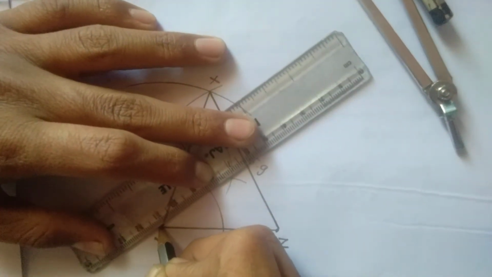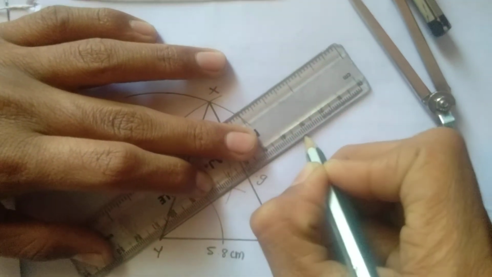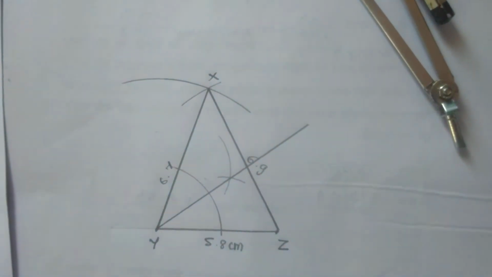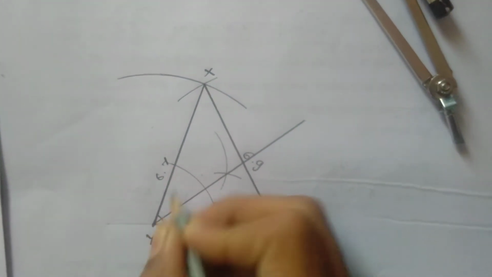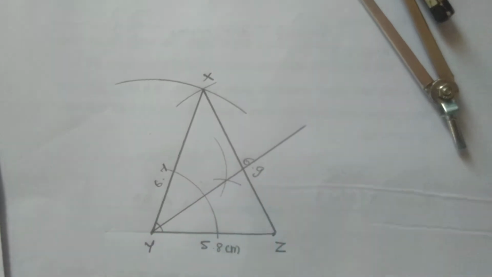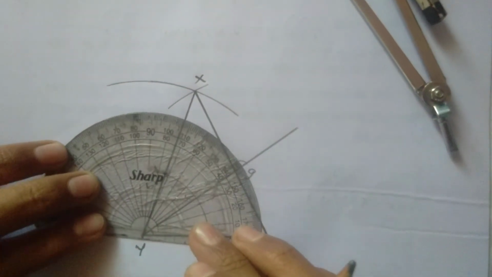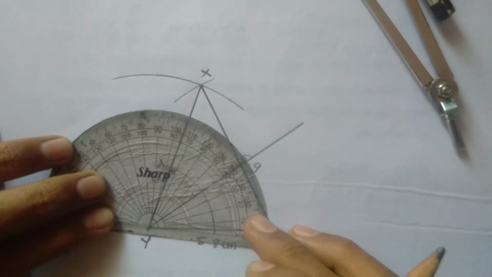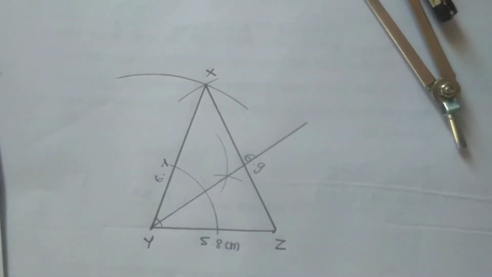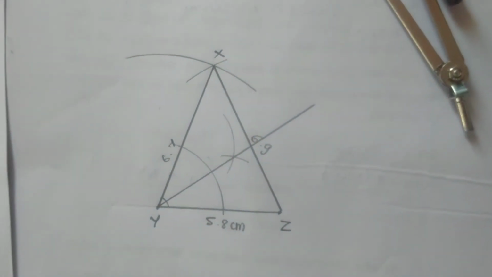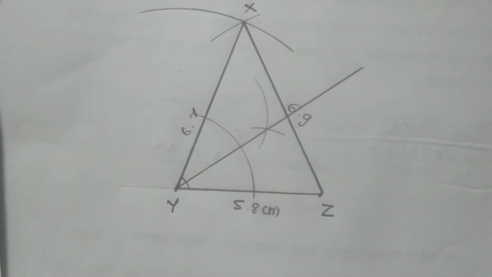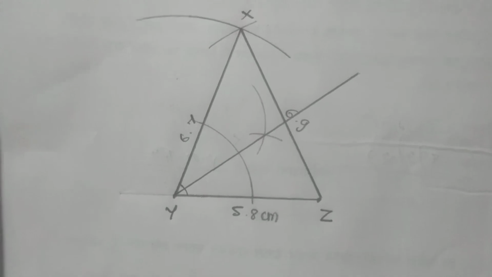When you pass the line through that point, it would be the angle bisector, because it is dividing this angle into two equal parts, 70 will become 35. Yes, it is coming 35. Here we have drawn one angle bisector of angle XYZ.